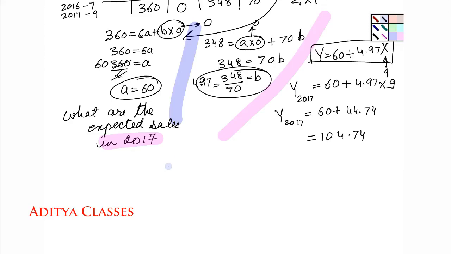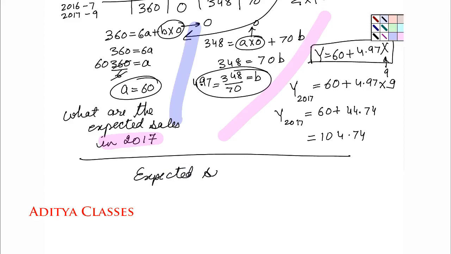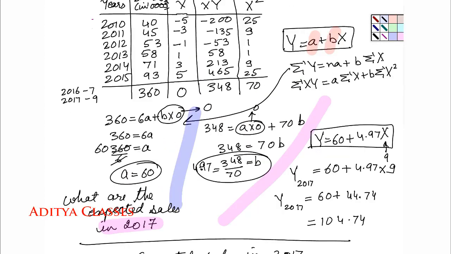So I can say expected sales in 2017 are 104.74 multiplied by 1000. Why this 1000?